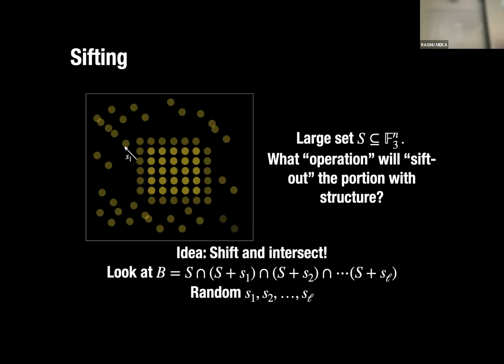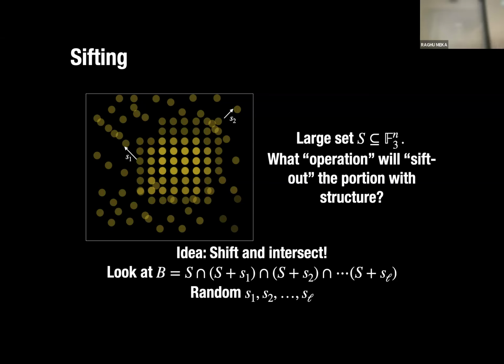So I look at S intersection S plus S1: which elements are present in both? Which holes are still holes? I took the slice, shifted it, laid it on top. Some holes will now be covered; some holes might still survive. And I keep doing this. I take another random shift, random direction, overlay it on top, and ask which holes survive once again. Which points are holes in all three of these shifts?